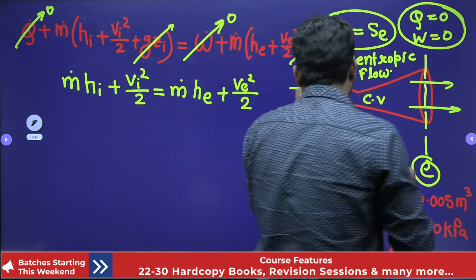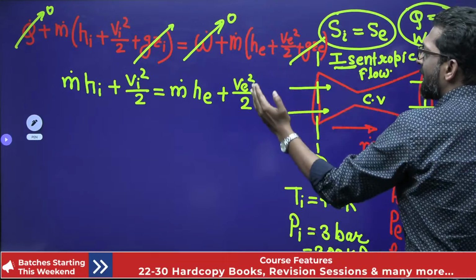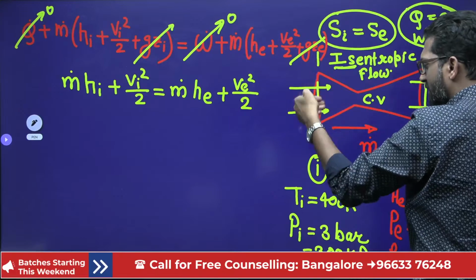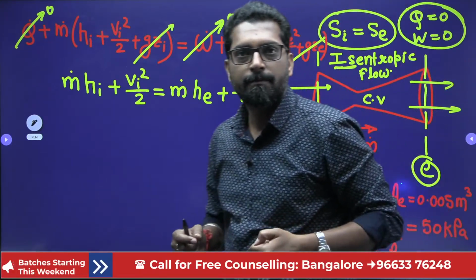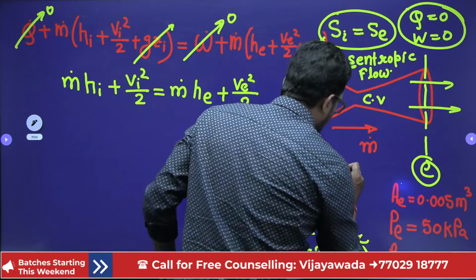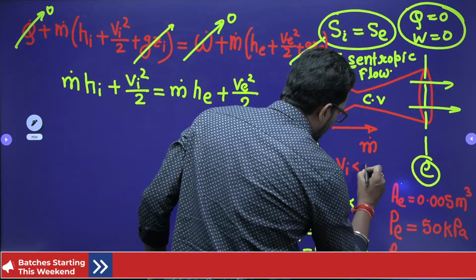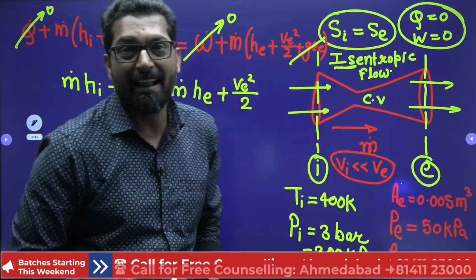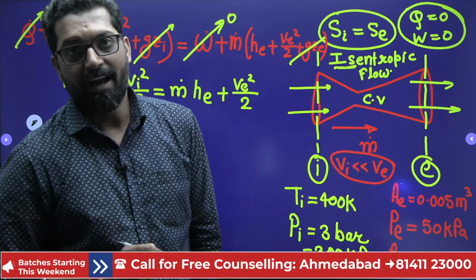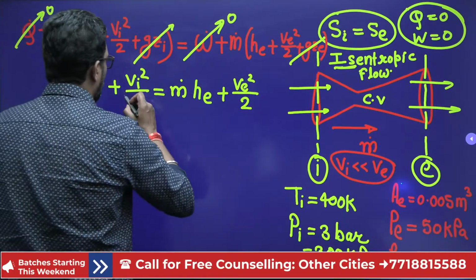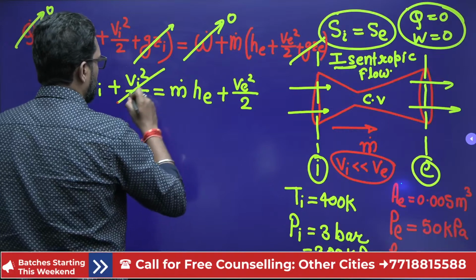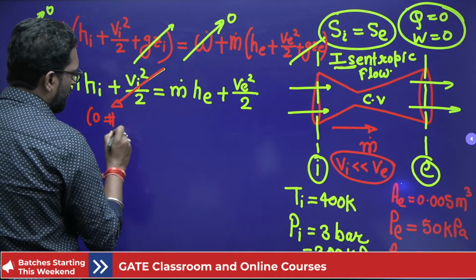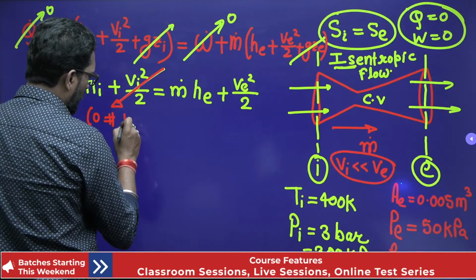That means V inlet is very, very less than V exit, because the inlet section is placed at the reservoir. So we can assume this is approximately 0, because it is a reservoir.